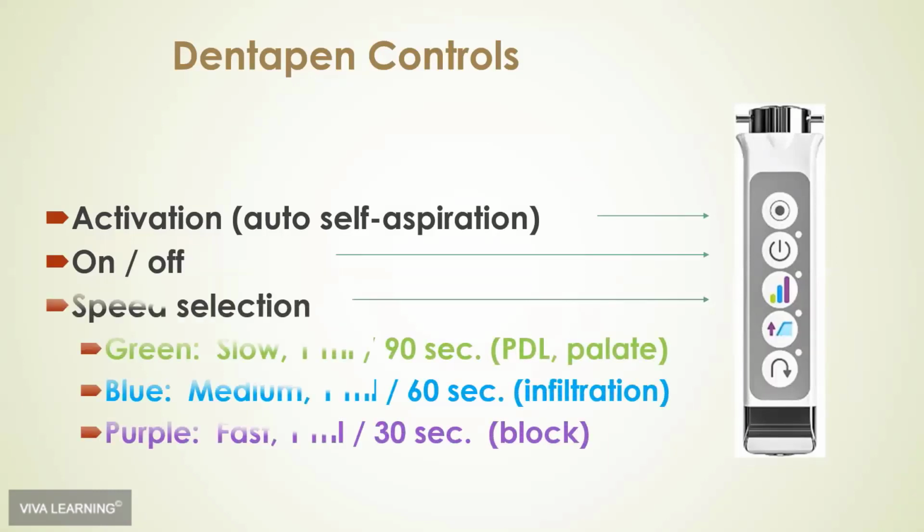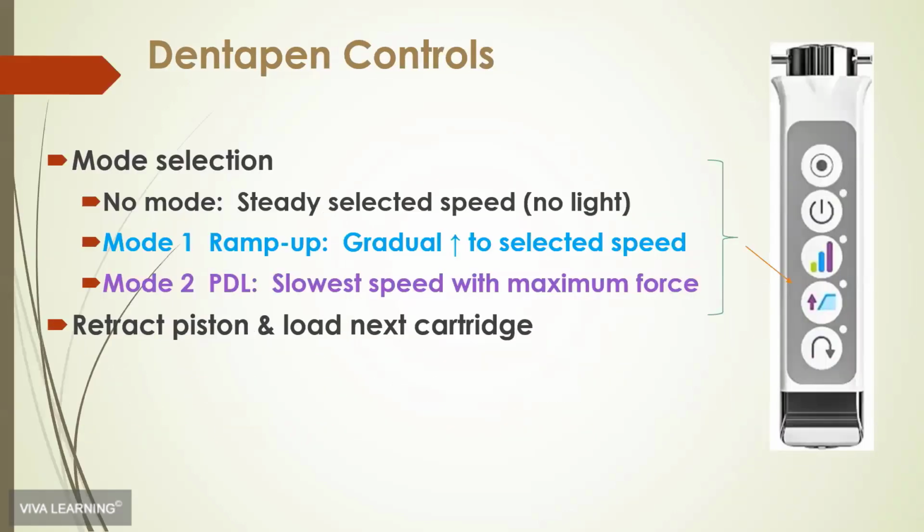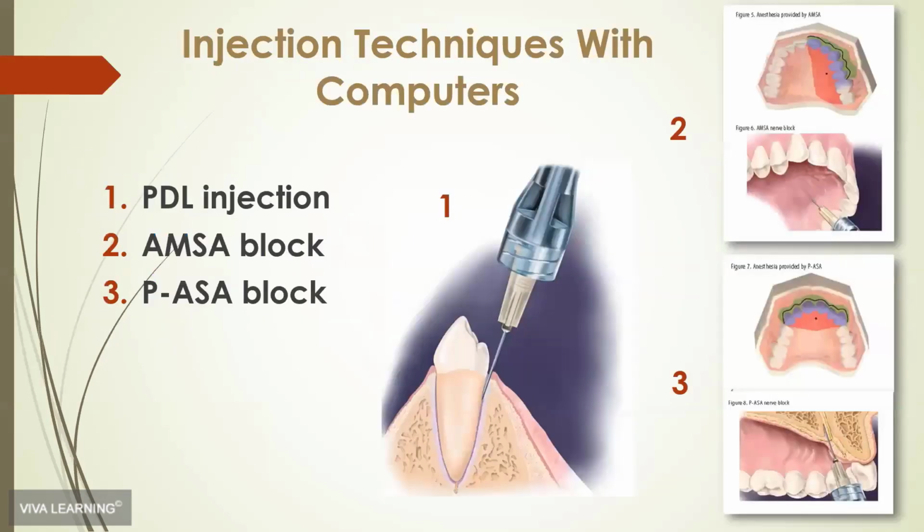There are 3 speeds to this device: slow, medium, and fast. And then there is also something called a ramp up speed, where if you want, in the middle of your injection, you can increase the speed of the device while the injection is occurring. So this is all controlled by your hand, and it's very small and light and easy to maneuver.